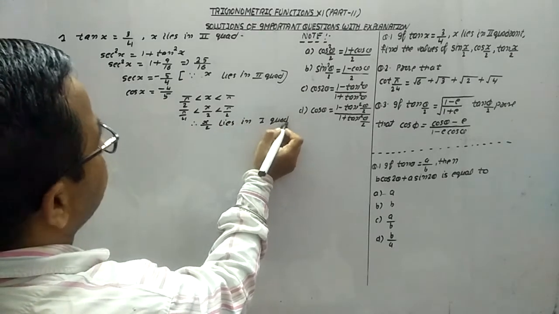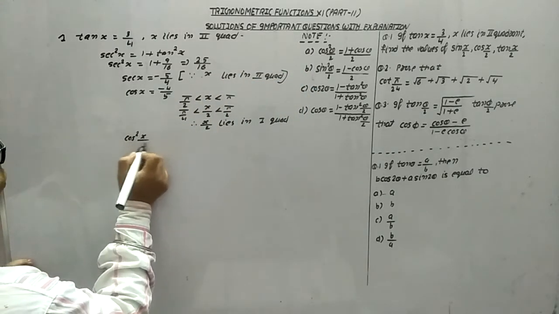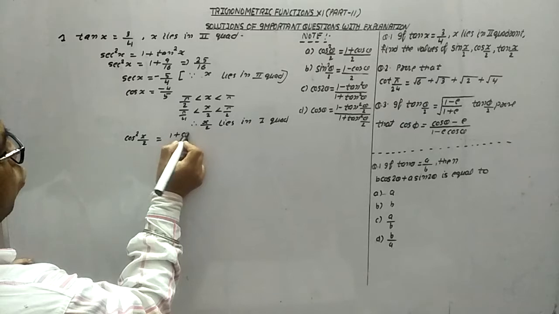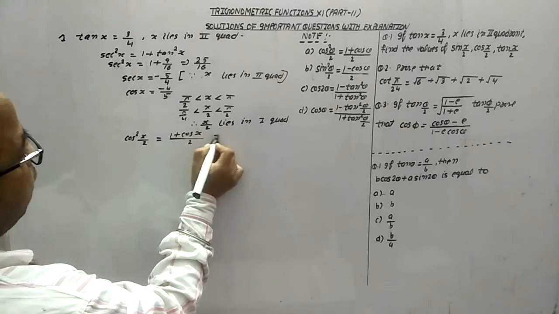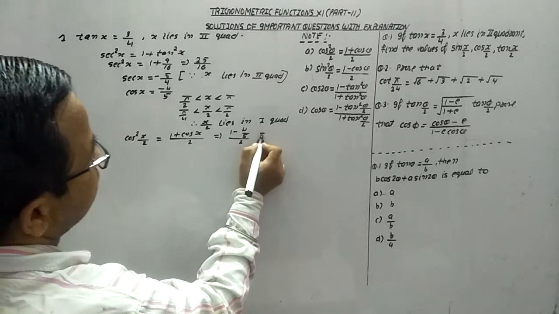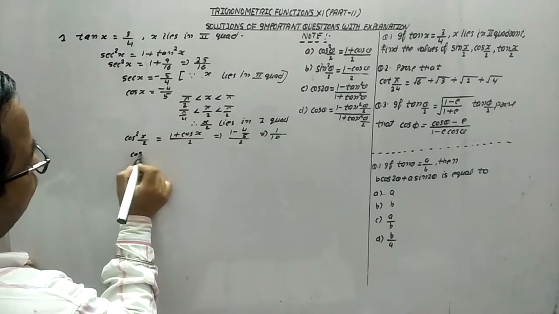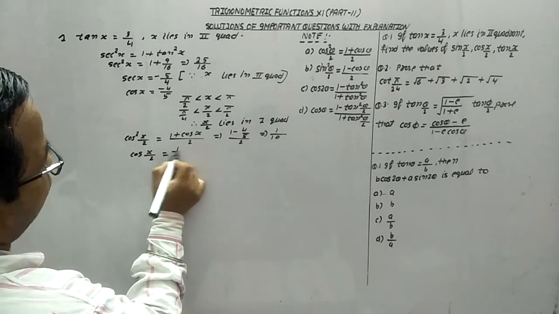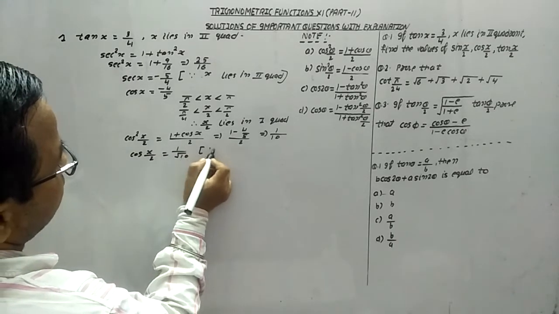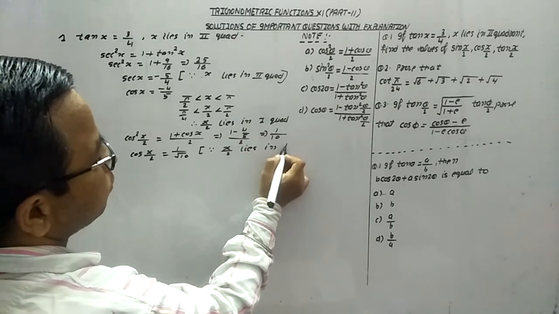Now because of this identity, as we know that cos square x by 2 is equal to 1 plus cos x upon 2, it implies that 1 minus 4 upon 5 upon 2, which is equal to 1 upon 10. Therefore cos x by 2 is equal to 1 upon root 10. Here you will mention because x by 2 lies in first quadrant.